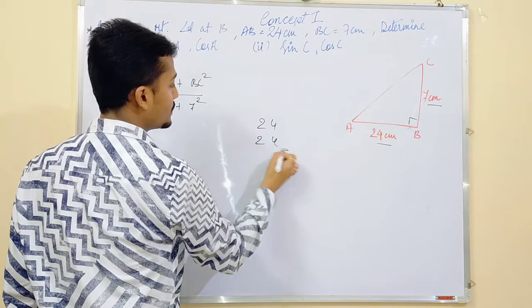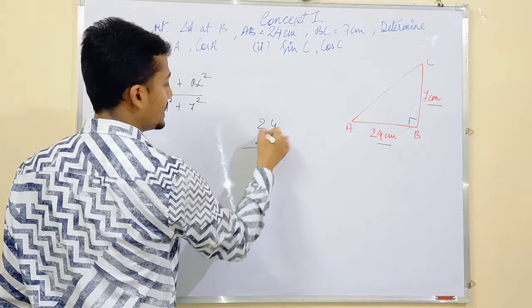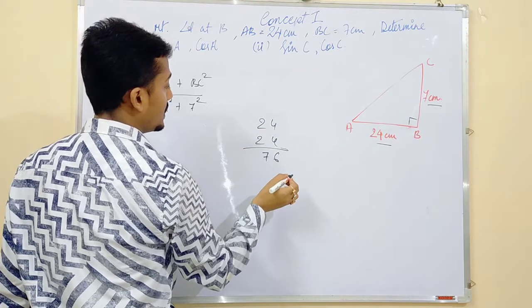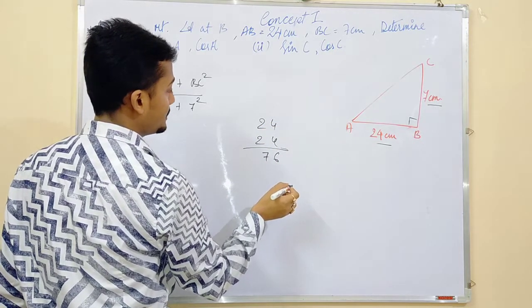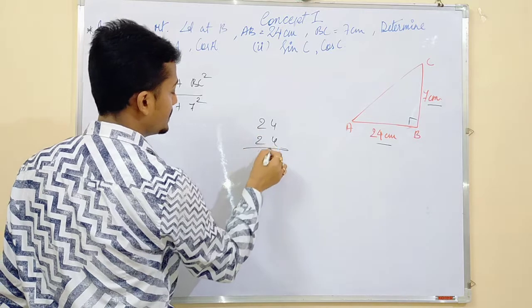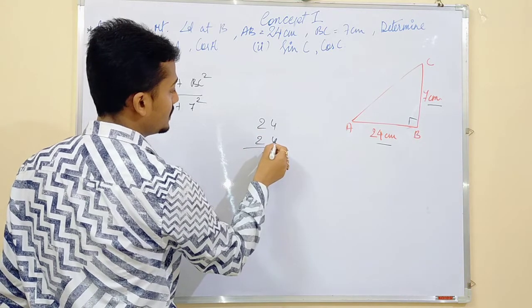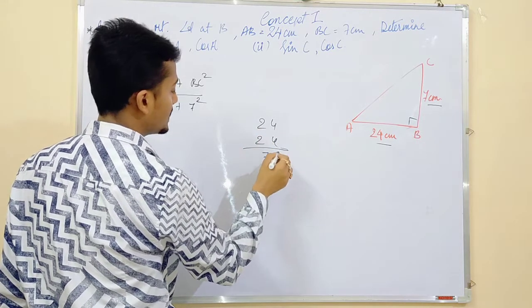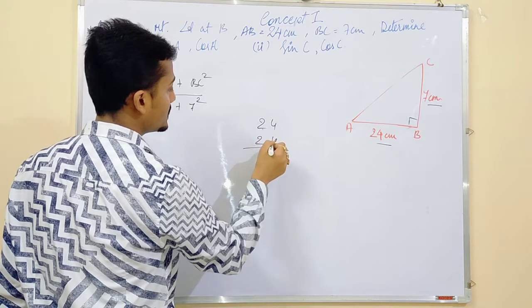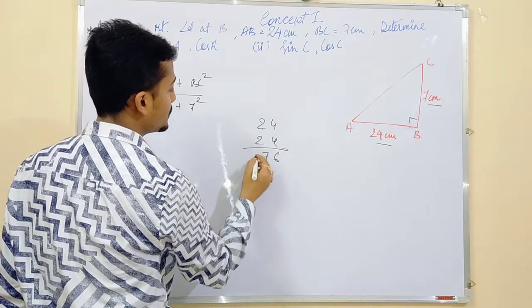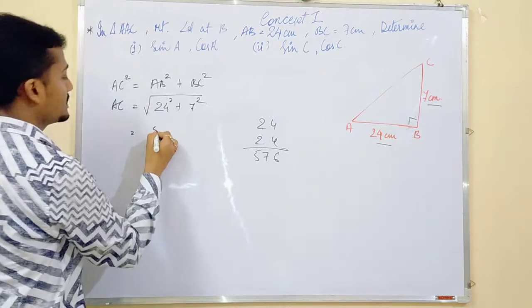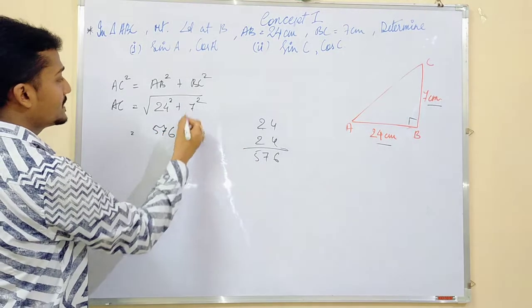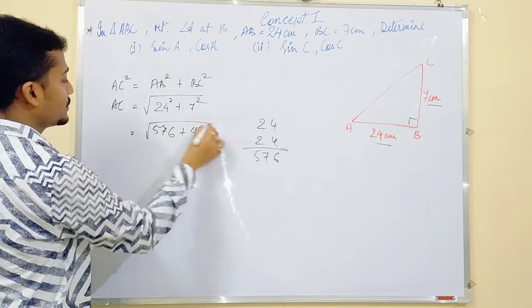24 square: 4 fours are 16, carry 1, 2 fours are 8, 9 is 576. 576 plus 7 square, which is 49.